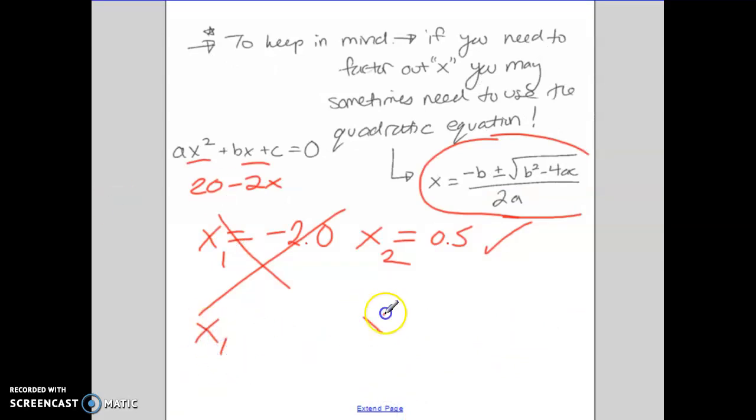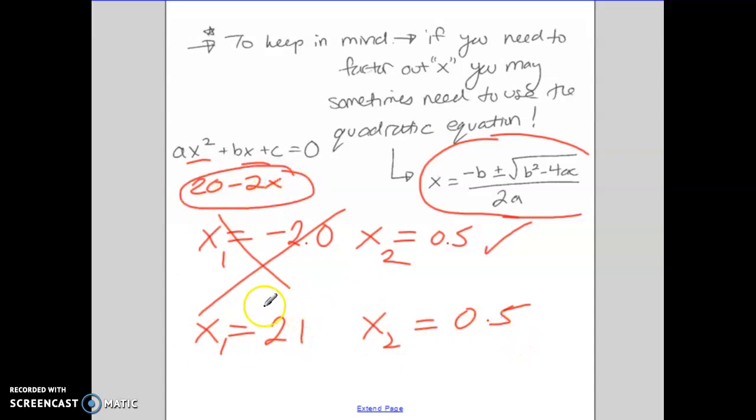You're probably wondering, what happens if you have 2 positive values? Typically one will make sense and the other one won't. I'll give you an example. We'll still use our 0.5. Let's say we had 2 positive values, one is 21 and the other one is 0.5. Look at where you're going to be plugging in your X value. It has to give you a positive concentration.